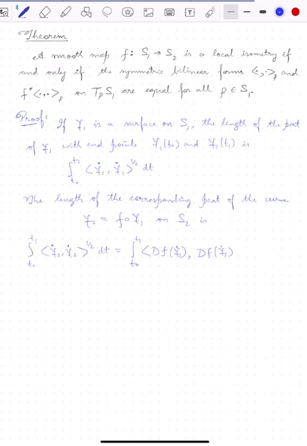So this is the differential, the square root of this dt, and this will be equal to the integral from t naught to t1 of the square root of F star (gamma 1 dot, gamma 1 dot) dt.